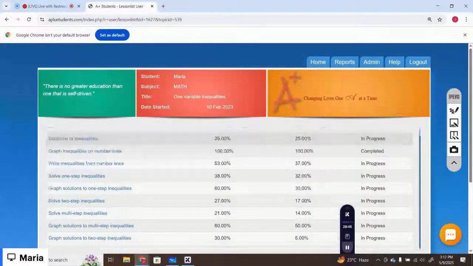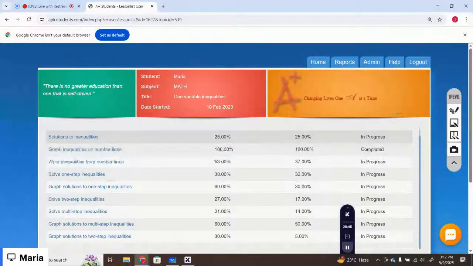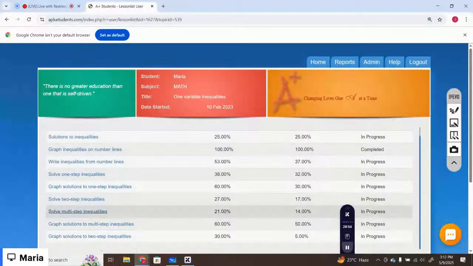The next lesson is solve multi-step inequalities.